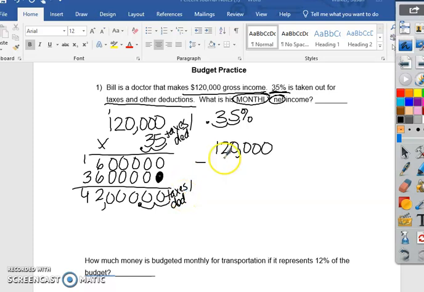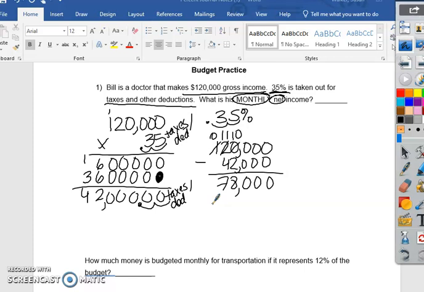So I'm going to subtract off 42,000. Do that. And I'm getting 78,000. And again, that might not sound like too much, but remember, we actually get to keep every bit of this.